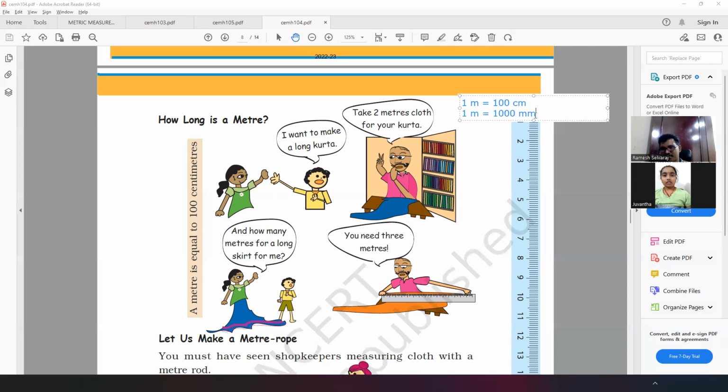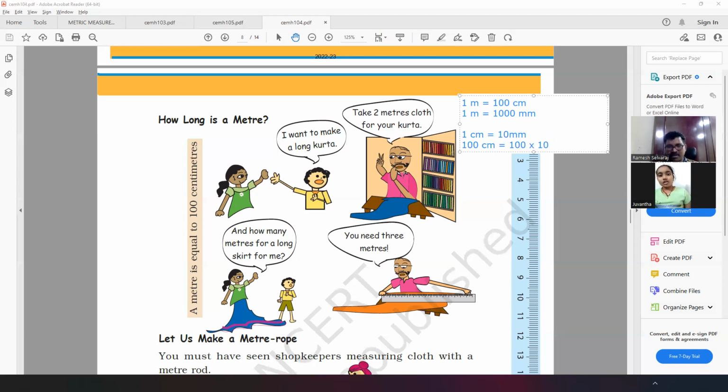You see here, 1 centimeter is 10 millimeter, right? So 10 centimeter is 100 millimeter. 100 centimeter is 100 into 10.